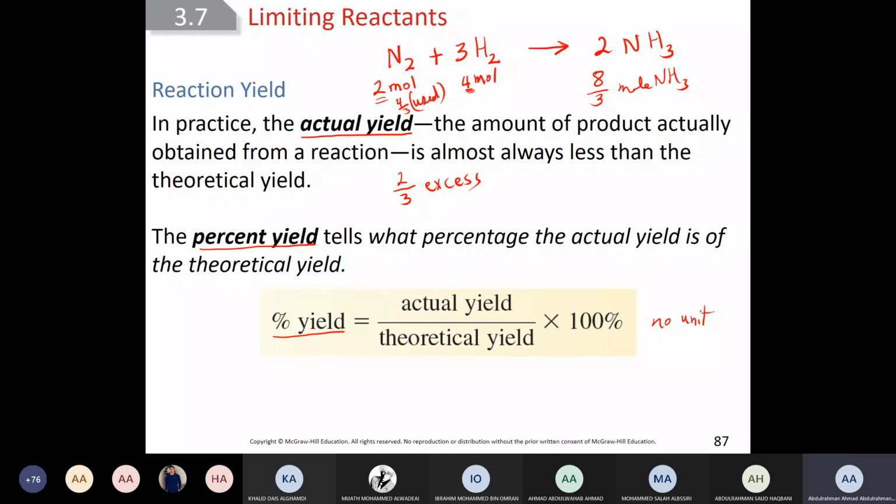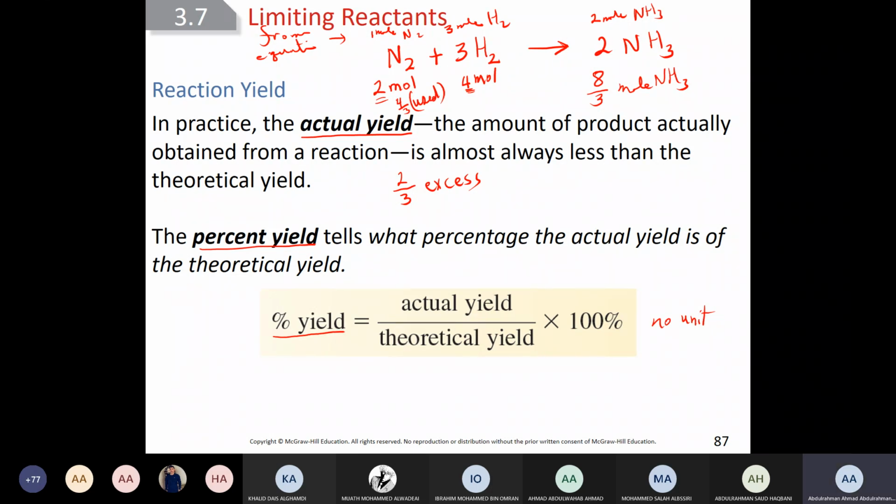In this chemical reaction, 1 mole of N2 should react with 3 mole of H2 to give 2 mole of NH3. Clear? That is from the equation.